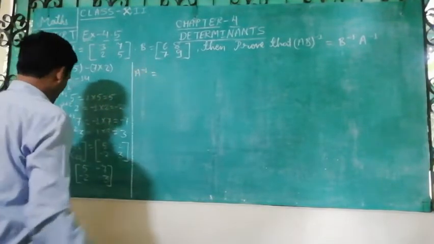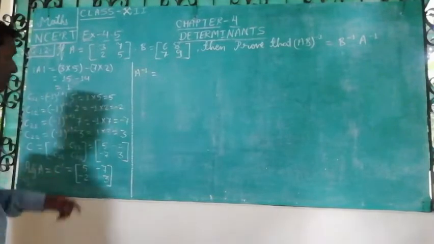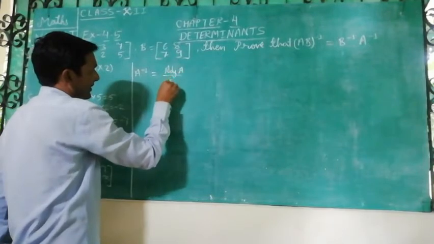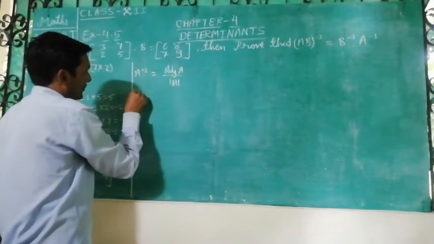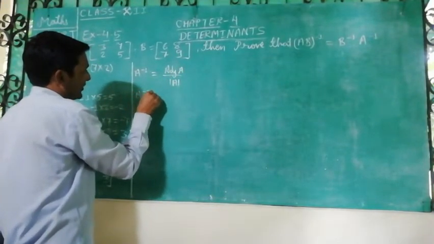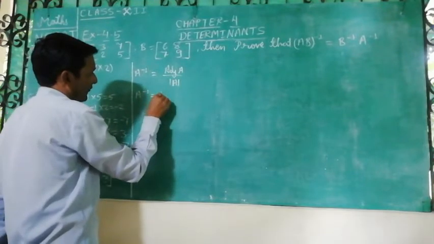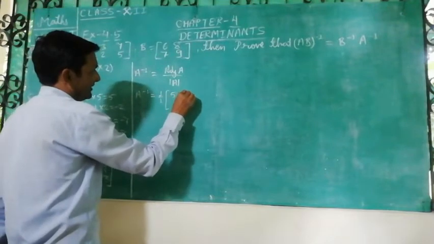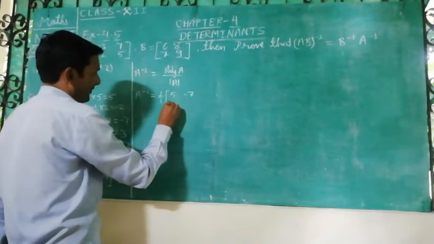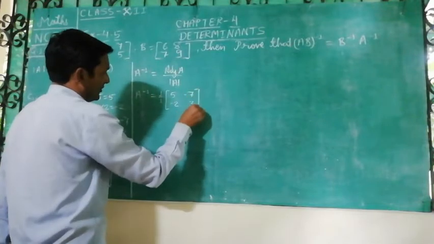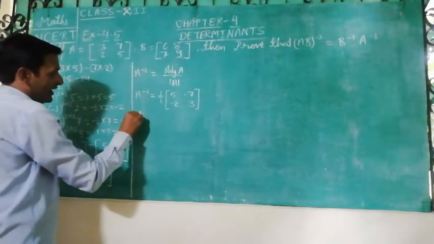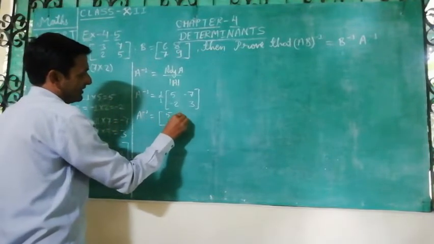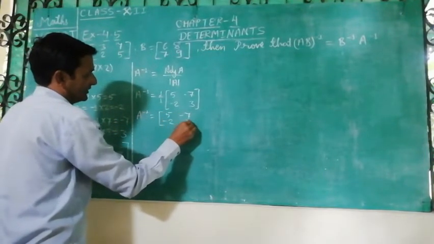A inverse is equal to adjoint of A upon determinant A. So A inverse is equal to 1 upon 1 into [5 -7; -2 3]. 1 upon 1 is 1 only. So A inverse will be equal to [5 -7; -2 3] only.